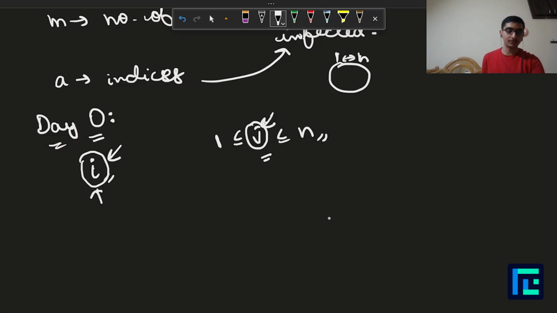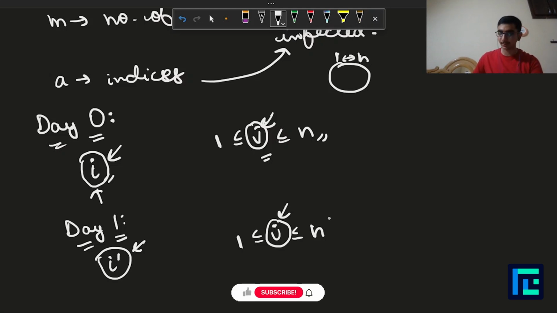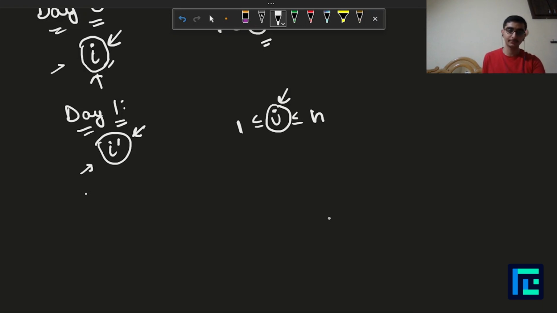So on day one also, Cyrno will repeat the same thing. Choose some house i dash, let's say, protected permanently, and then again all j from 1 to n which are not protected already and which have at least one infected neighbor will get infected. As I said, this will continue until our houses are either protected or infected, and at the end we have to output the minimum number of houses that were infected if Cyrno chooses the houses optimally.